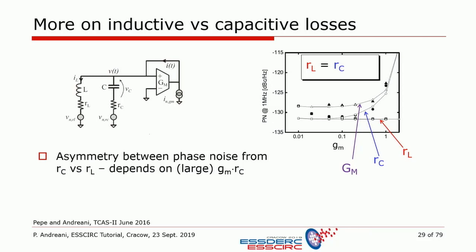So if we have this value here, Gm at, say, the bias state, times Rc, the series resistance loss of the capacitance, if this is large, then the resistive losses of the capacitance actually generate much more noise than the inductive losses.